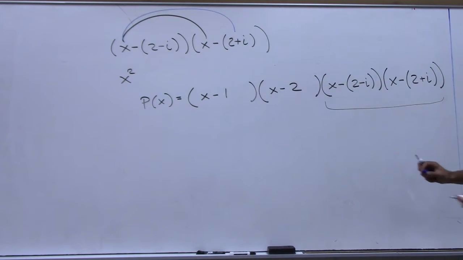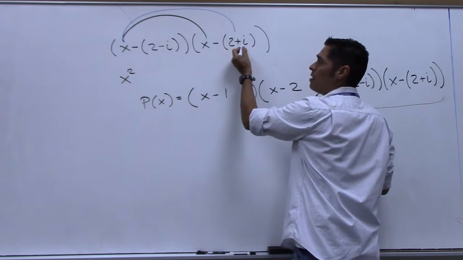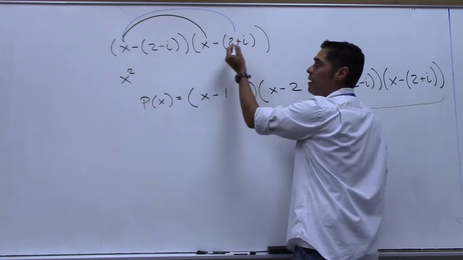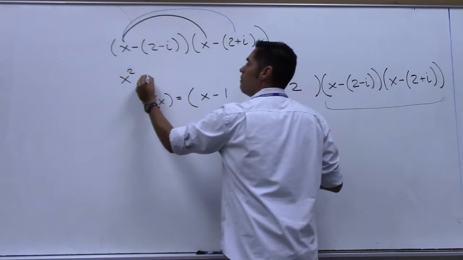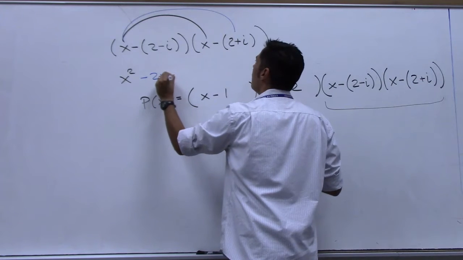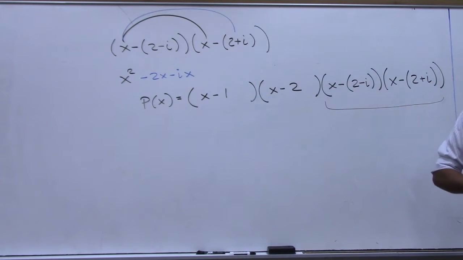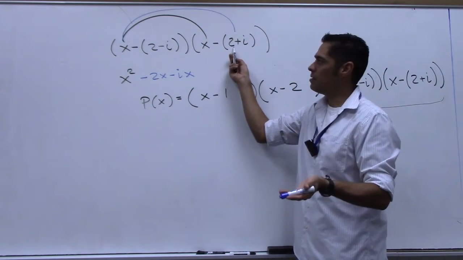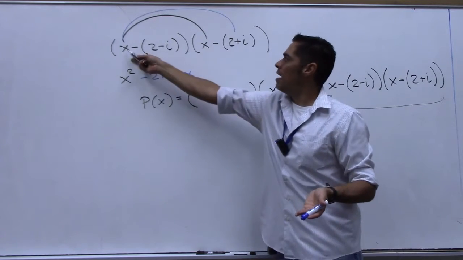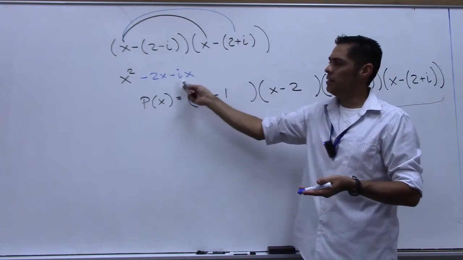So tell me what I would get. I would get 2x plus ix, right? But subtract. So minus 2x minus ix. Isn't that what that would be? What's x times 2? 2x. But then subtract it. What's x times i? ix. But subtract it.